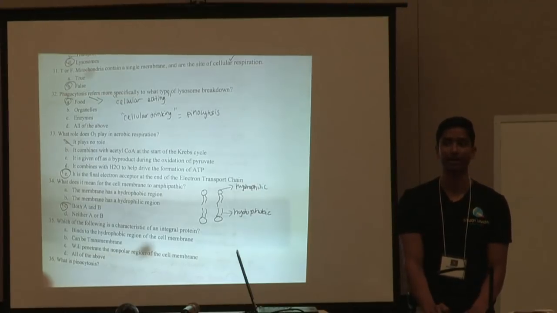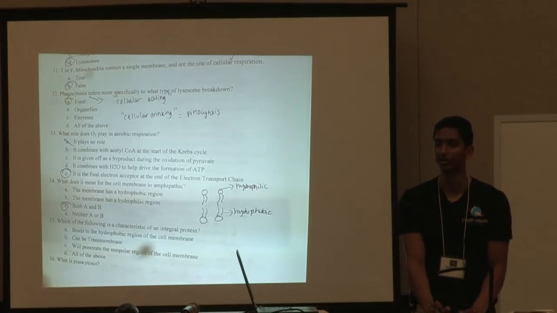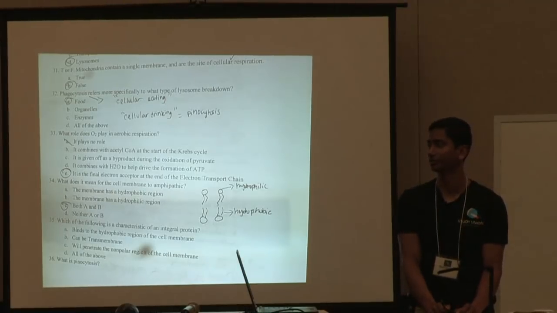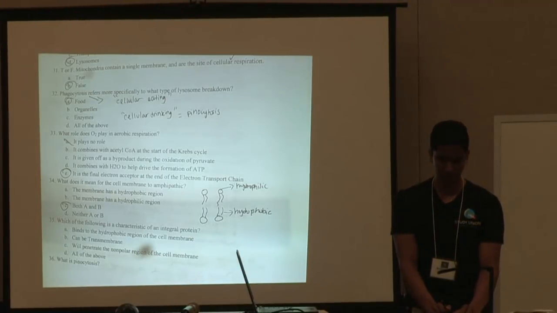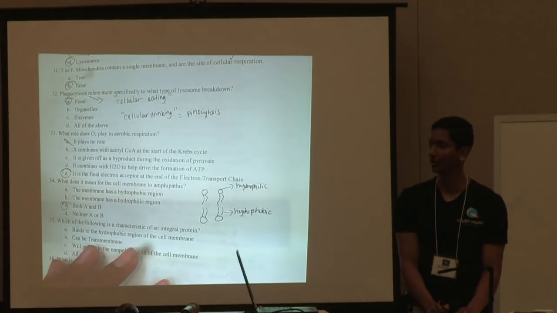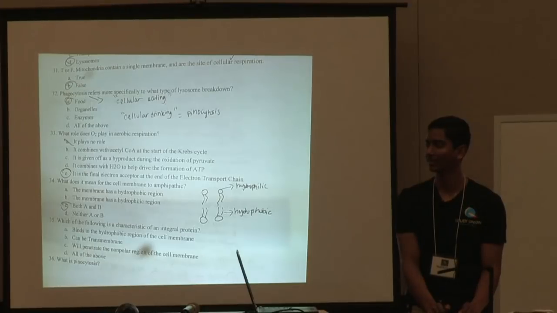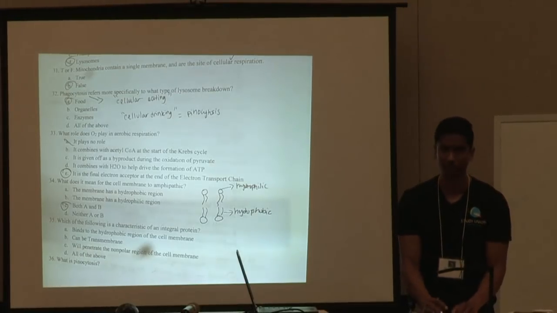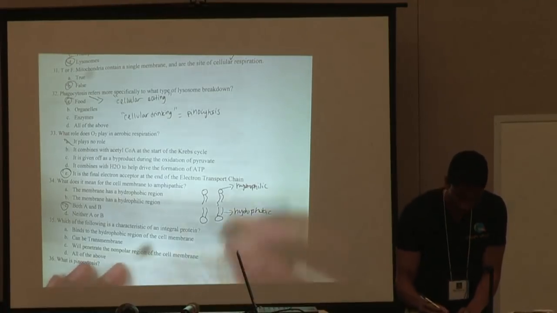So it can affect the packing, which essentially results in regulating fluidity of the membrane. Cholesterol regulates that. Oh, okay. Wait, what did I say? Carbs do that? Did I? Oh, okay. No, so carbs are also for cell-to-cell recognition.